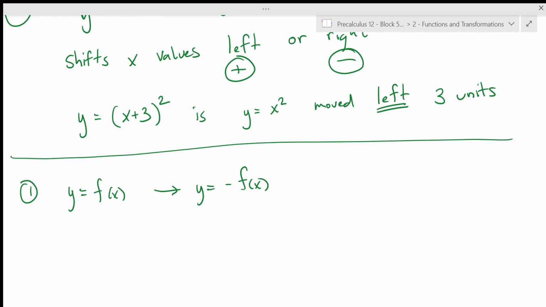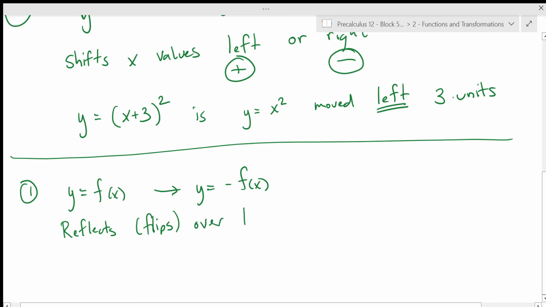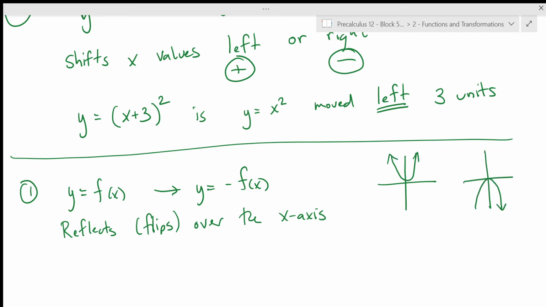Okay, so this reflects or flips over the x-axis. So when we have a reflection, sometimes it can get a little confusing. We're reflecting over the x-axis, and I might say this is a reflection in y.